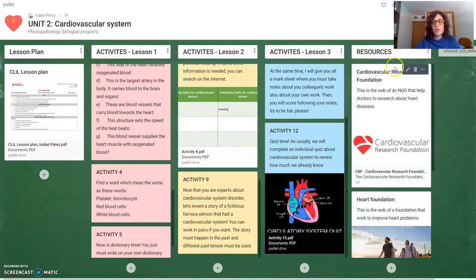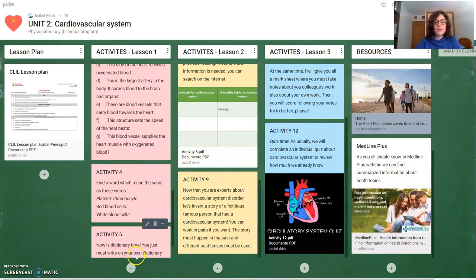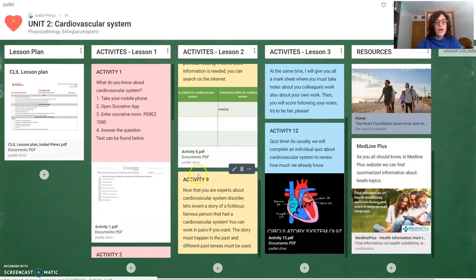At the end, I have included another column with resources in order to help them look for information on the internet, because the internet can be very broad for them. So these are useful websites for them to complete the information given during the unit.